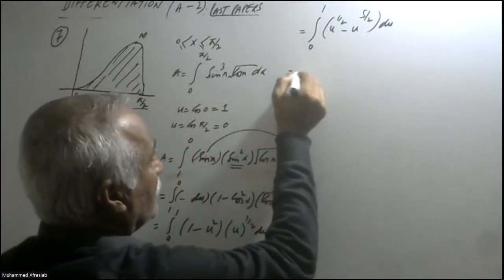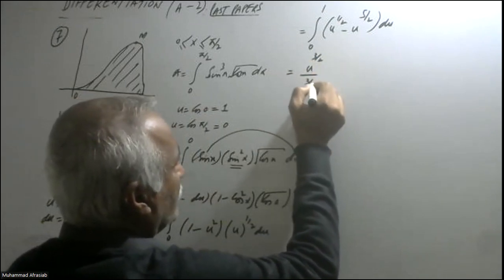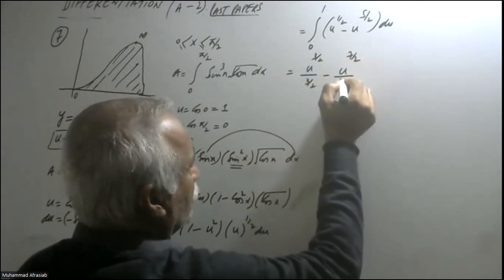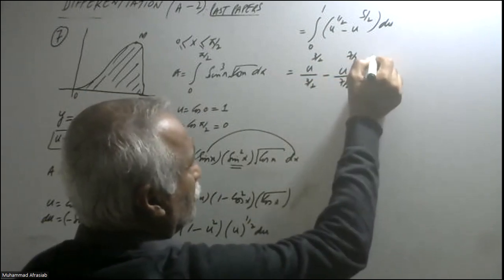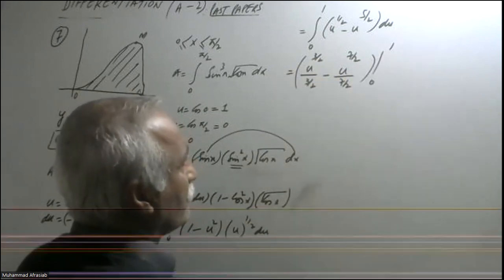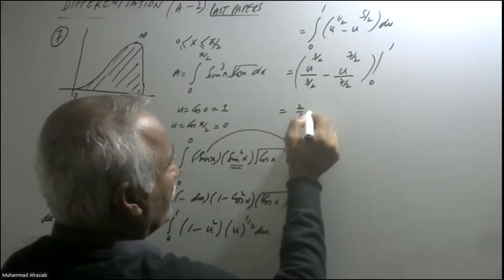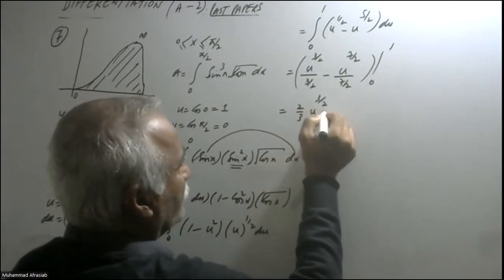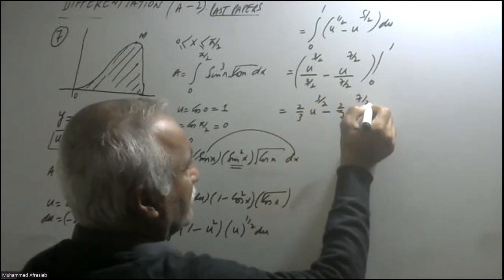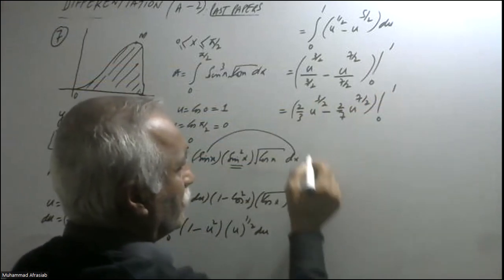This is going to be equivalent to u power 3 by 2 over 3 by 2 minus u power 7 by 2 over 7 by 2, and the limits are 0 to 1. That is equal to 2 by 3 u power 3 by 2 minus 2 by 7 u power 7 by 2, and the limits are 0 to 1.